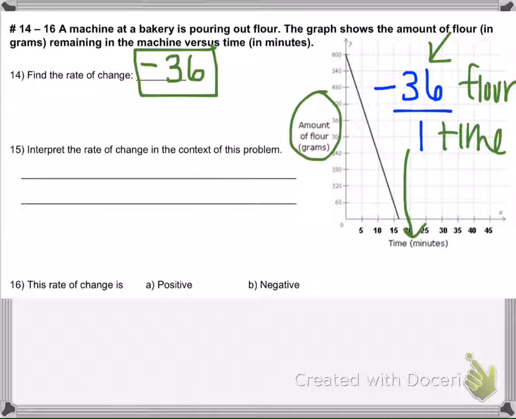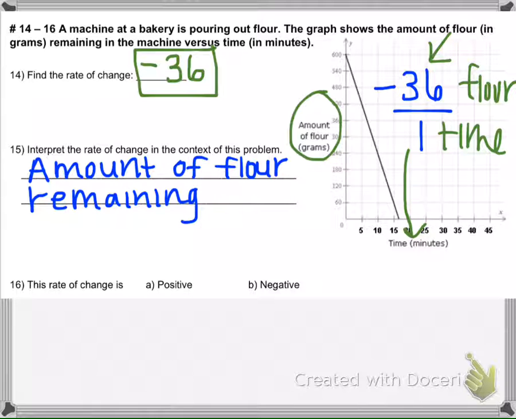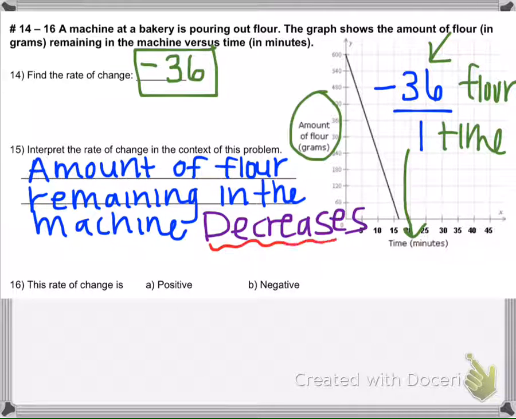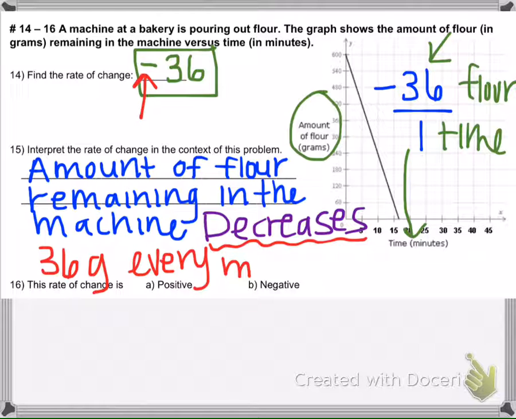So now when I interpret my answer, I could say the amount of flour remaining in the machine decreases. I know to put the word decreases because we have a negative rate of change. So it decreases 36 grams every minute. And that is an example of a negative rate of change.